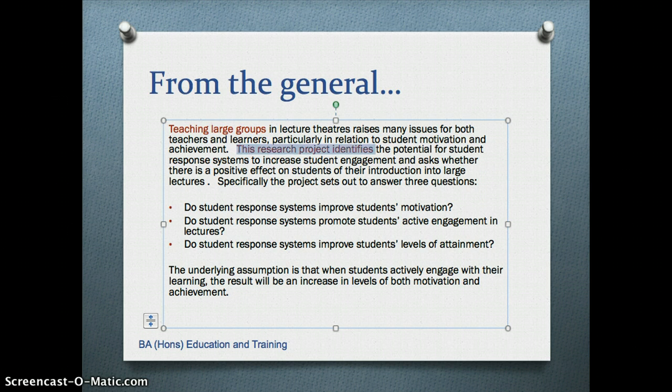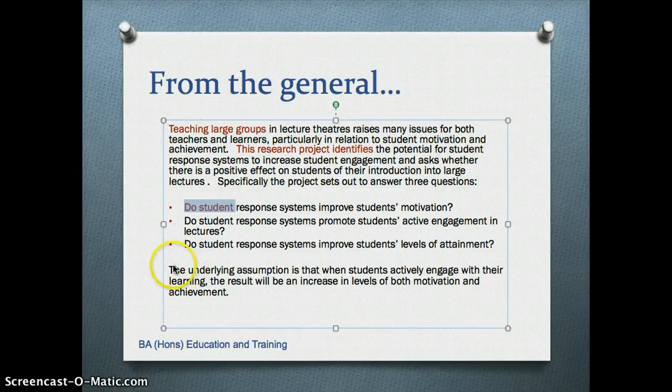In other words, are large groups going to be positively affected by the introduction of those student response systems? So this sentence gives the general research problem that is going to be addressed. And then if we come down to here, you'll see these next 3 bullet points suggest the particular questions, the specific research questions that the project has set out to address.